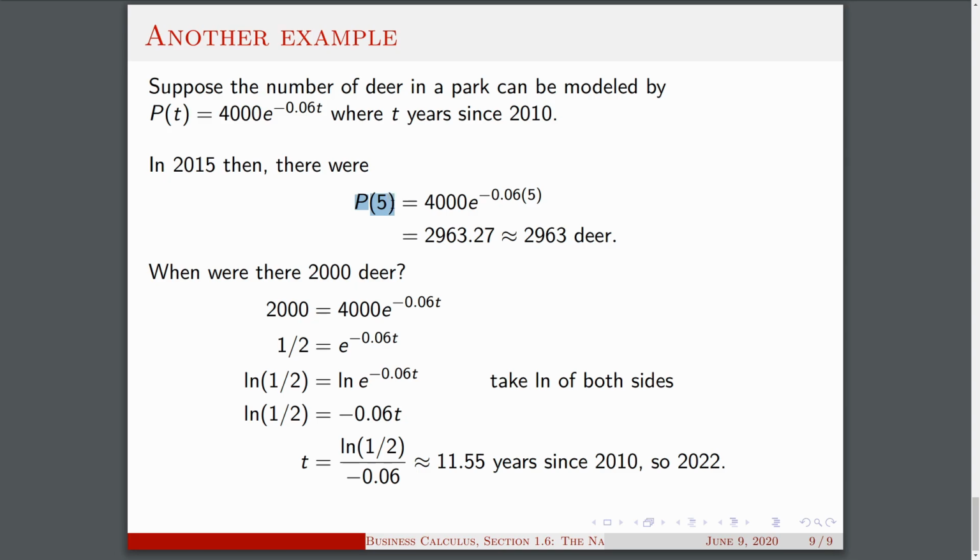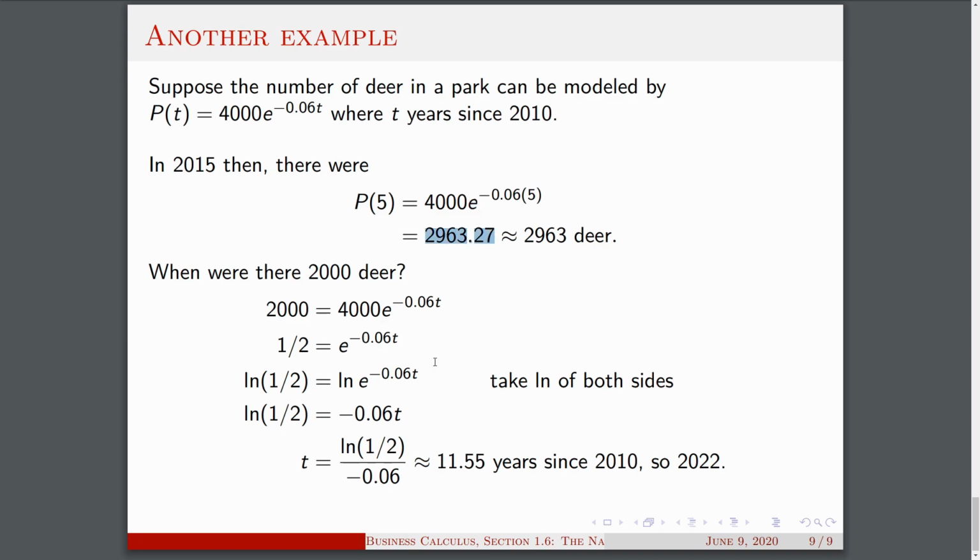So I can just plug in 5 for t. I make sure to put this in parentheses when I enter it in my calculator. When I write it down on paper, I don't need to use parentheses, but the calculator needs that. Otherwise, it will find this and then multiply that by 5, and we don't want that. We want it to do this first and then raise e to that power.